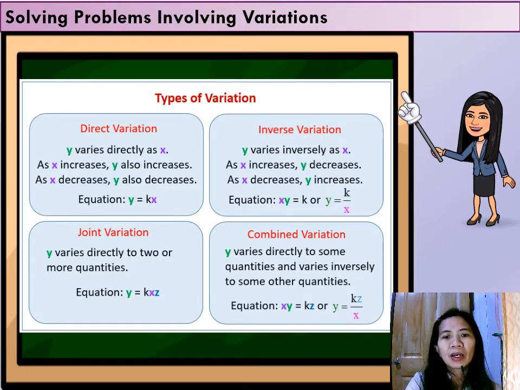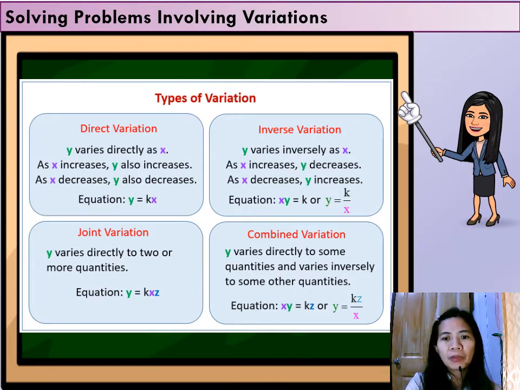Okay, now we have the last variation, which is combined variation. In combined variation, y varies directly to some quantities and varies inversely to some other quantities. So it is already a combination of direct variation and inverse variation.